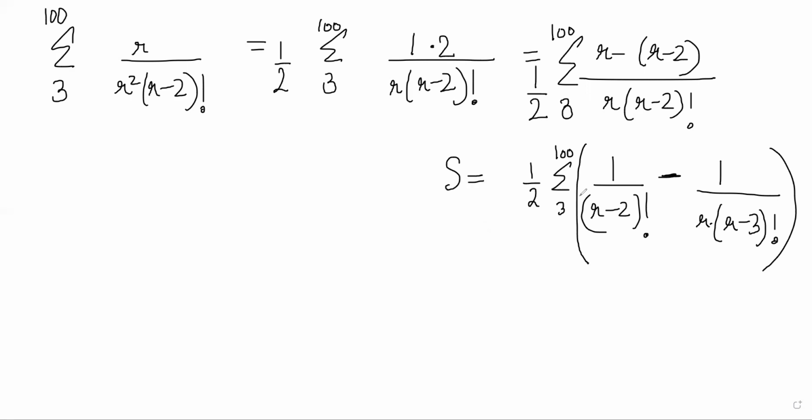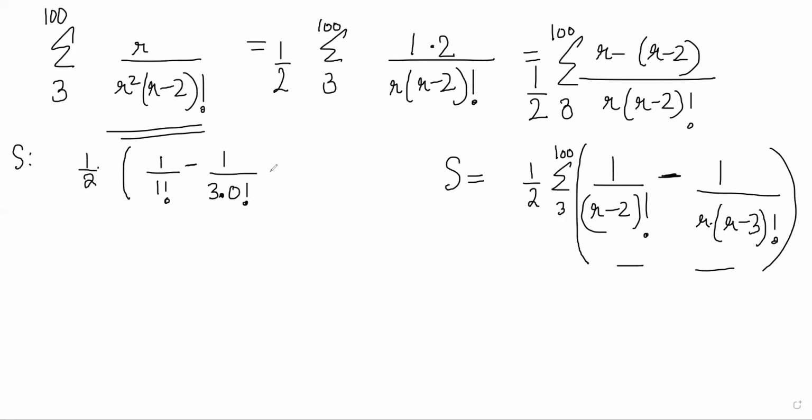So hopefully when we write some terms, we'll start seeing some patterns, right? Because we have expressed this as a difference of two things. So let's write some terms. The first term is half, when r is 3, what is it? 1 by 1 factorial minus 1 by 3 into 0 factorial, right? Then next one is what?